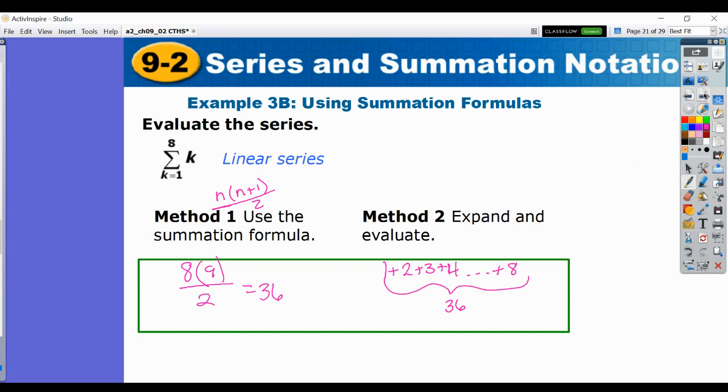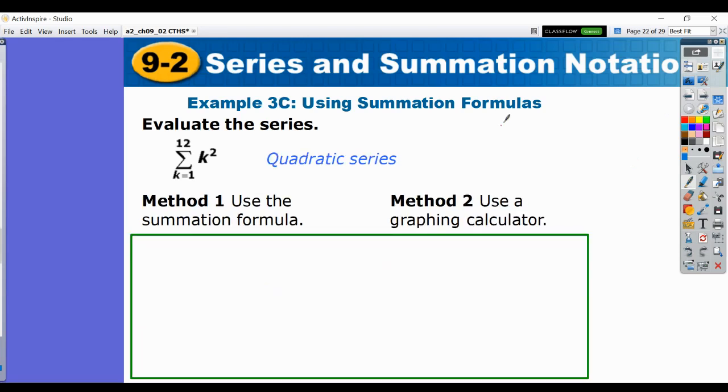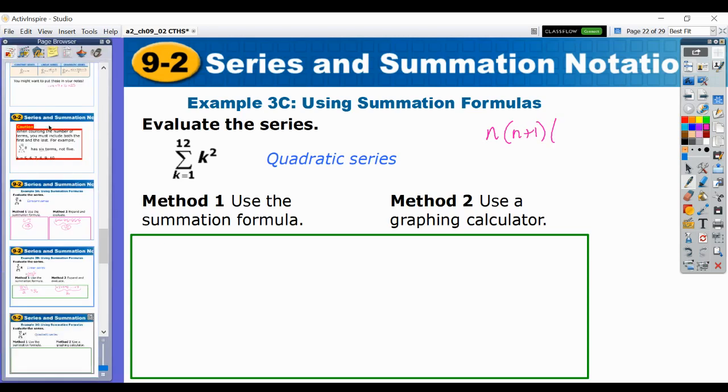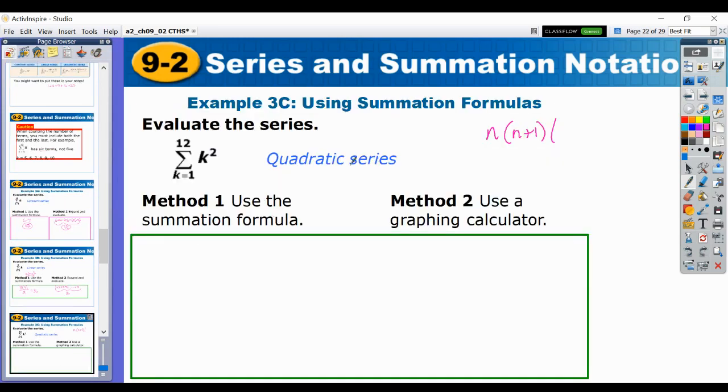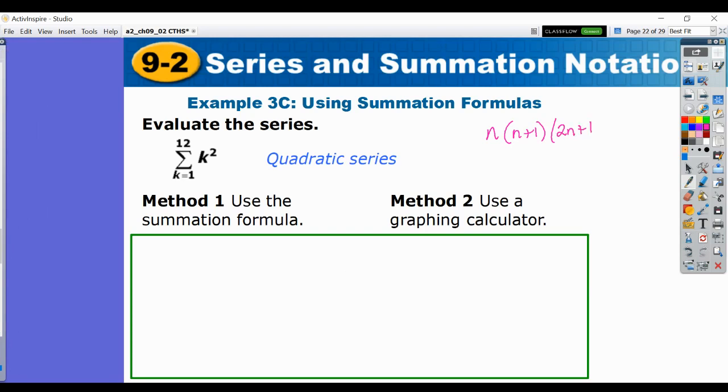All right, here is a quadratic one. So we're going to need that formula, which is on this other slide. So I'm going to check it real quick. 2n plus 1 over 6 goes here, all over 6. Okay, so now because this is quadratic and these have to start at 1 in order to use these shortcut formulas, otherwise you would have to expand them.